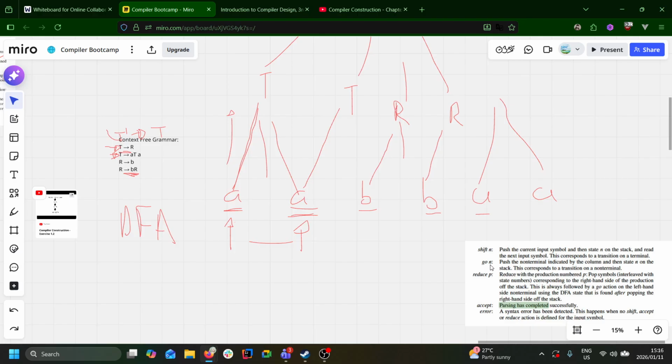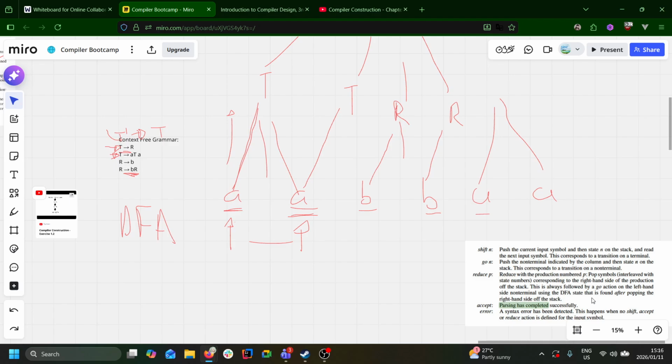So go N: push the non-terminal indicated by the column, and then state N on the stack. This corresponds to a transition on a non-terminal. And reduce with the production numbered P: pop symbols interleaved with states, corresponding to the right-hand side of the production, off the stack.